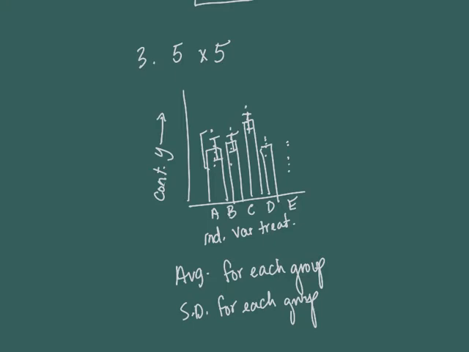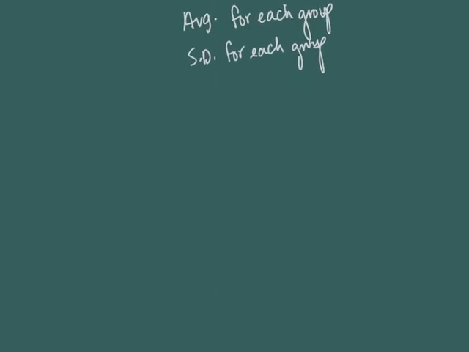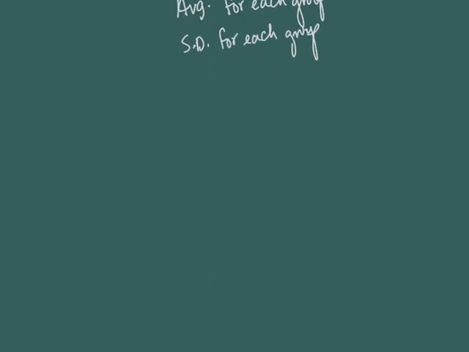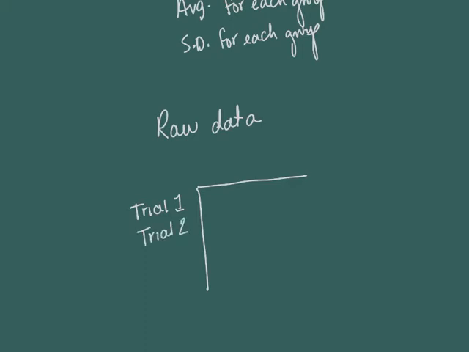So just as a recap, remembering that for all of your IAs, for the data analysis part, you've got your raw data, that's going to be some kind of table. And I'm going to show you a quick little warning that I see a lot of students do, is that they have trial 1, trial 2, trial 3, and they include whatever their data points are just at random, right?